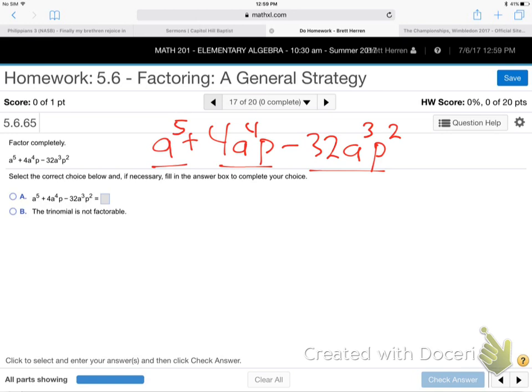All right, what's the GCF? A to the third, huh? Right, you look at the A's, you take the lowest one that's the greatest amount in common. What does that leave inside?